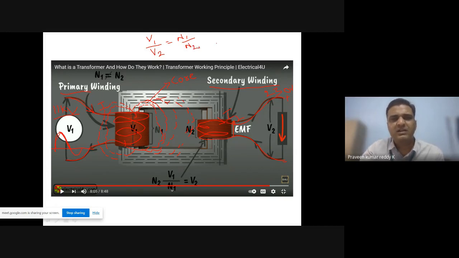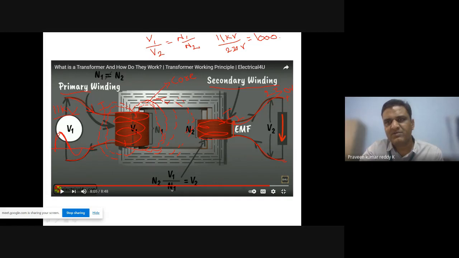For example, if V1 is 11 kV and I want to get 230 volts at the secondary side, and let us assume that you have fixed your primary to some number of turns, like 1000 turns.